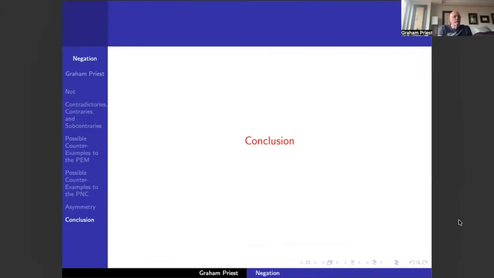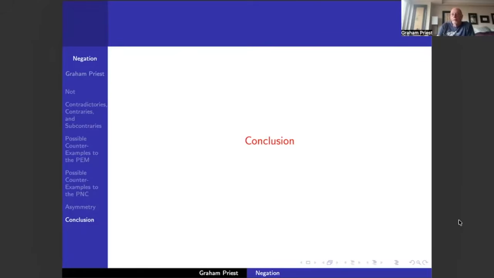We've seen that there are possible counterexamples to both those things. So one shouldn't take those two principles for granted. And we've seen that there is a general asymmetry in those two principles, in that it's much easier to defend one in general than the other. So I've given you lots of things to think about.